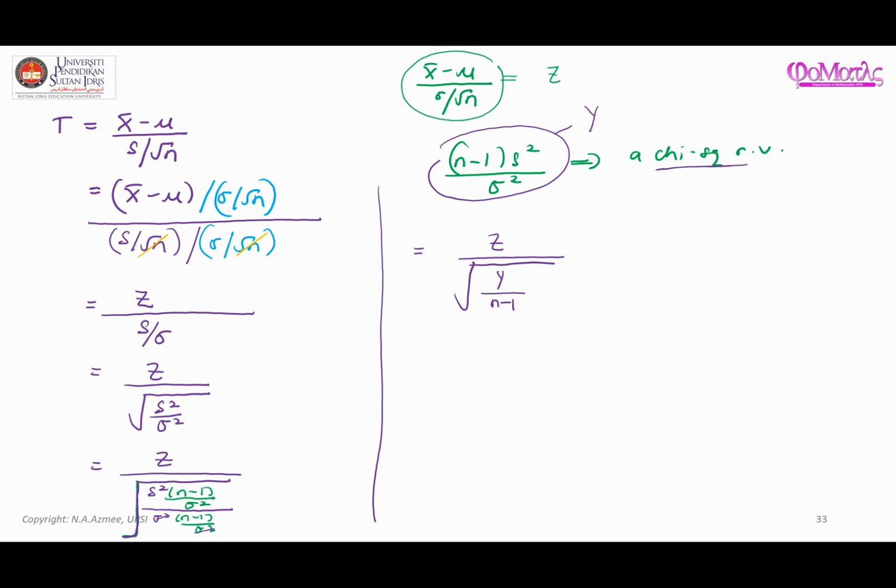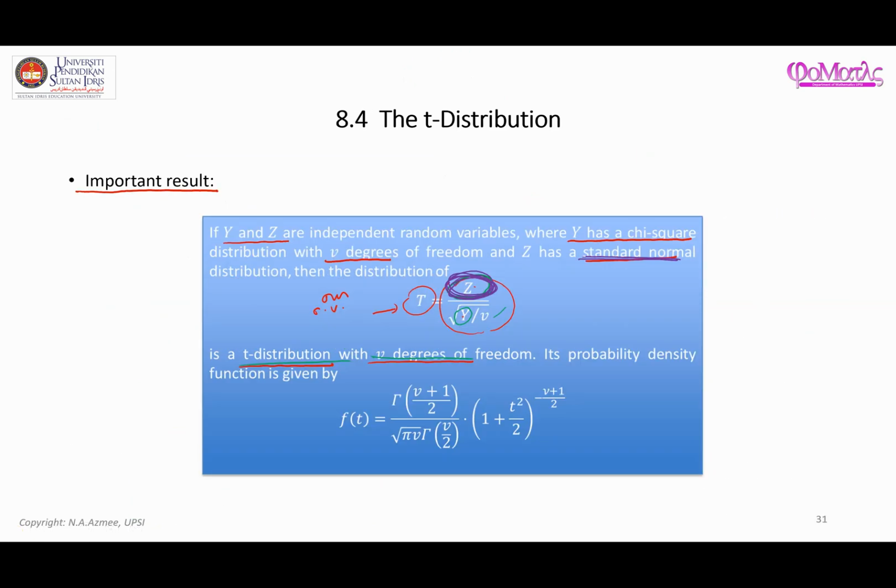Can you see how this presentation of our result looks similar to the important result given by the first theorem here? We've got a standard normal random variable at the top, so here is z, and we have the chi-square under this square root divided by v, something. So v here, or this something that you divide y with, is the degrees of freedom.